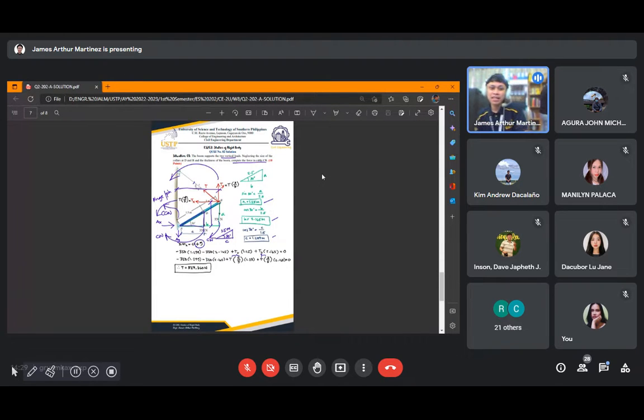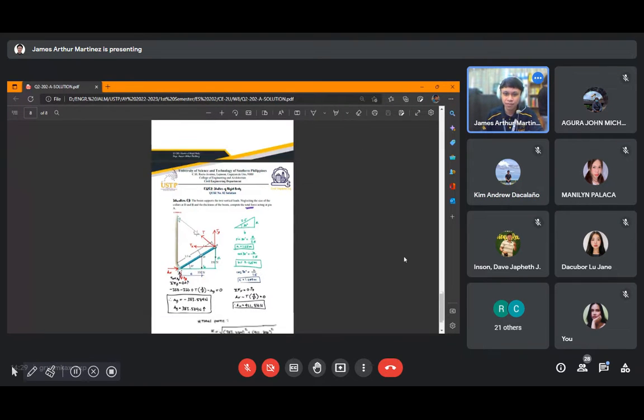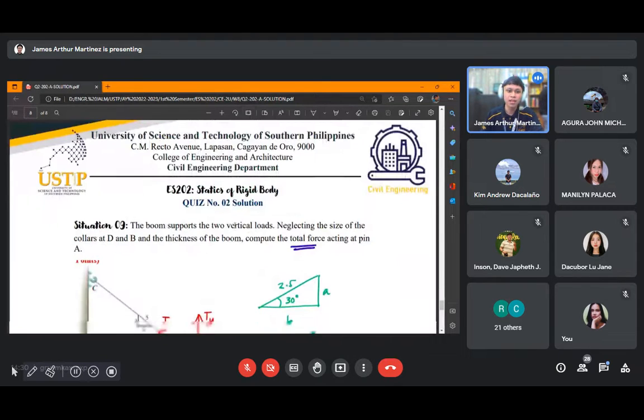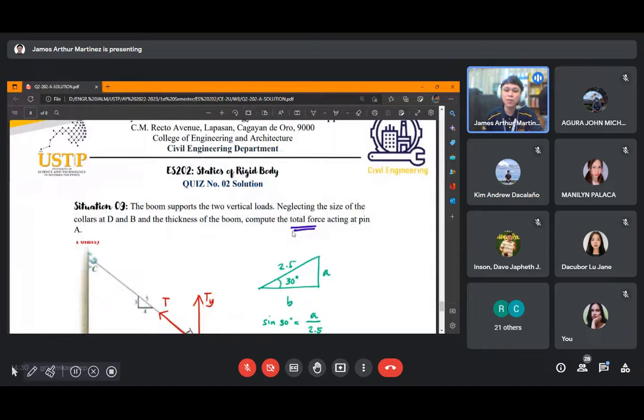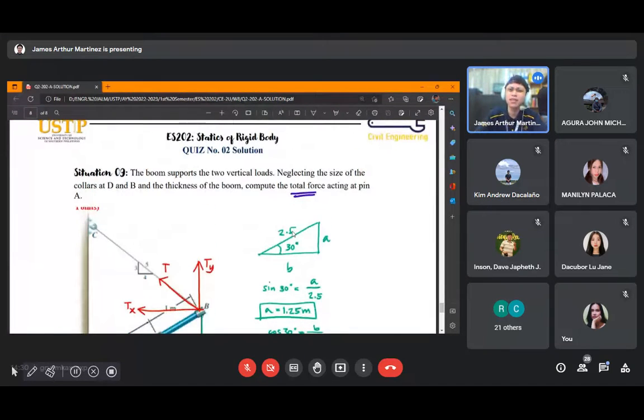Okay? So, last item for our quiz is this one. What we are to find is to compute the total force acting at pin A. So what does total force mean?